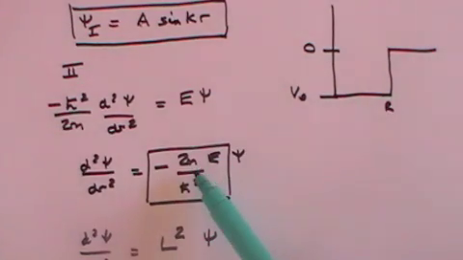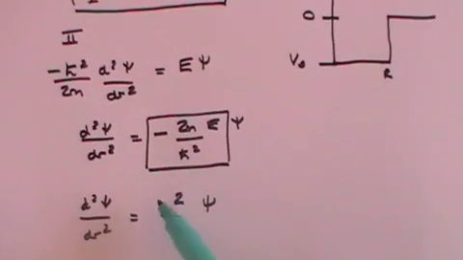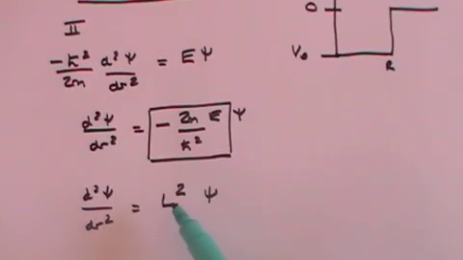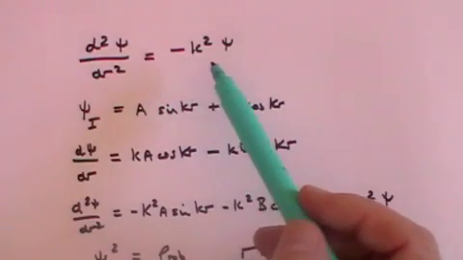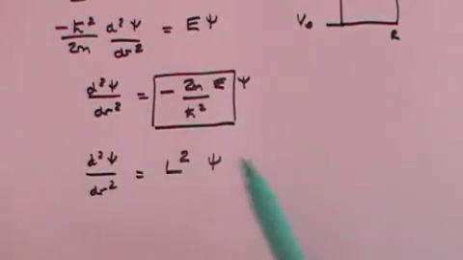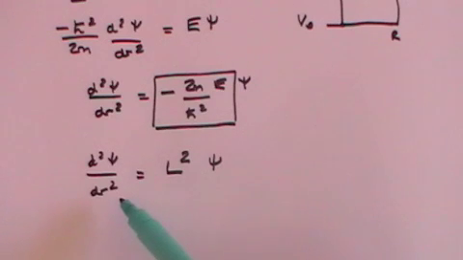The reason I need this to be positive is that if I'm going to call that L squared, then if this is positive, L will be real. If this is negative, L would be imaginary, and I don't want imaginary terms. So I've got a different situation to the one I had before. In here, I had the second differential was minus k squared psi. Here I've got outside the box that d2 psi by dr squared is plus L squared psi.